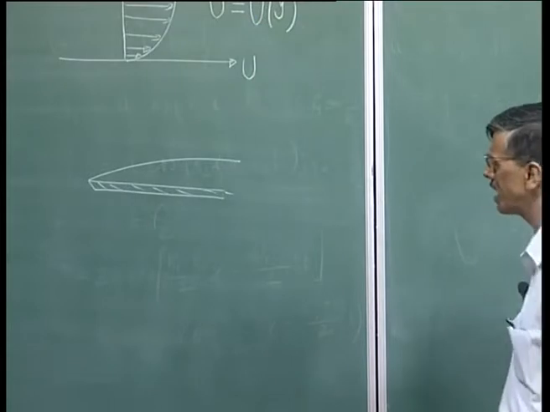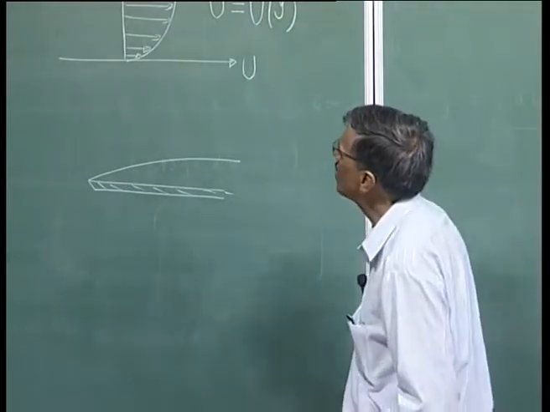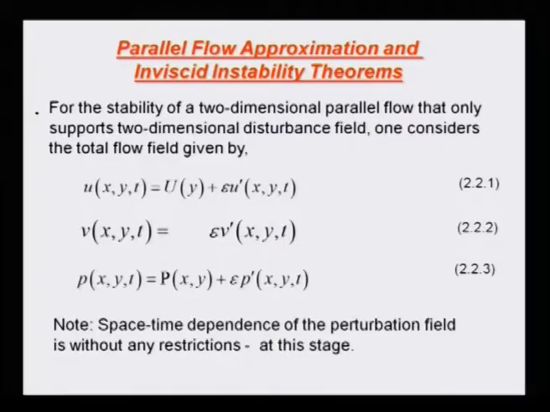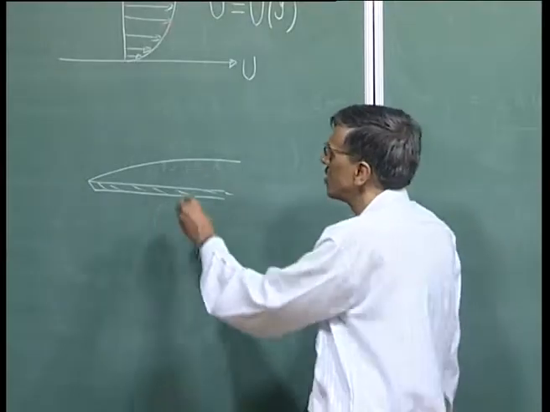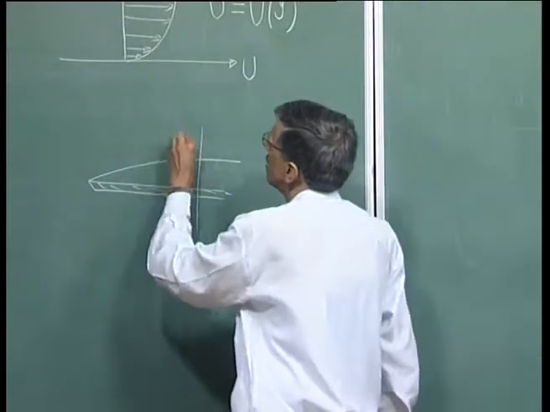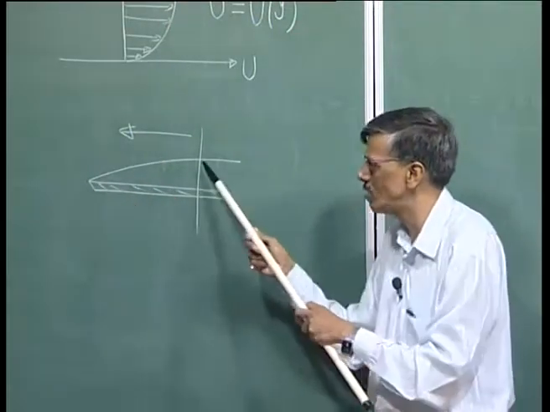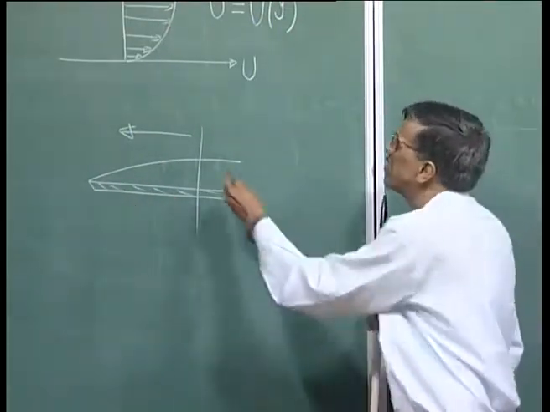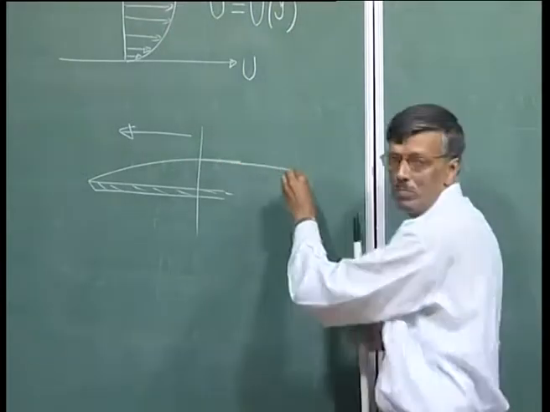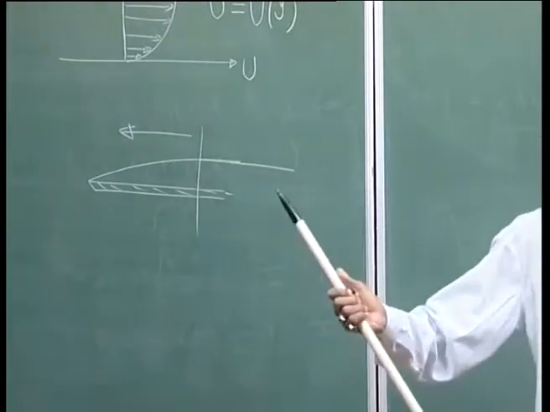If we are looking at a configuration like this, making that parallel flow approximation is not consistent with this part, where actually the boundary layer is growing from 0 to some substantial value, and then subsequently it could remain virtually constant.